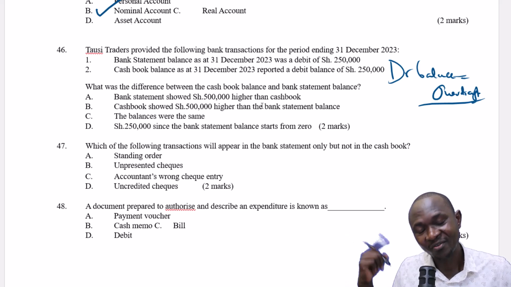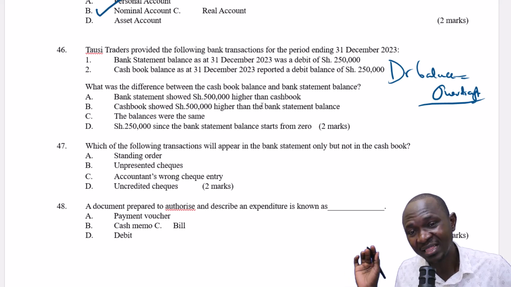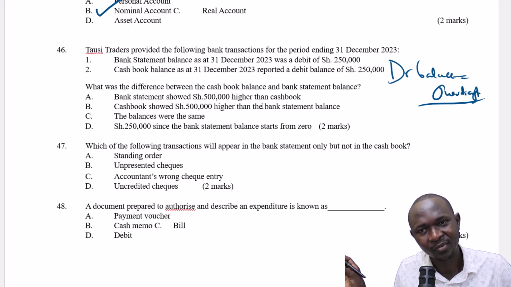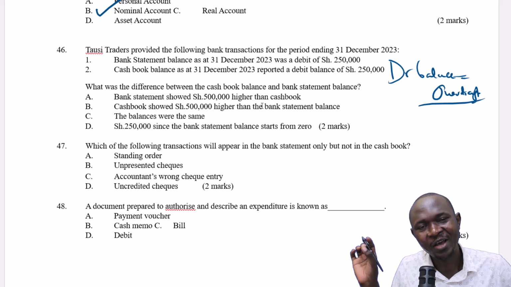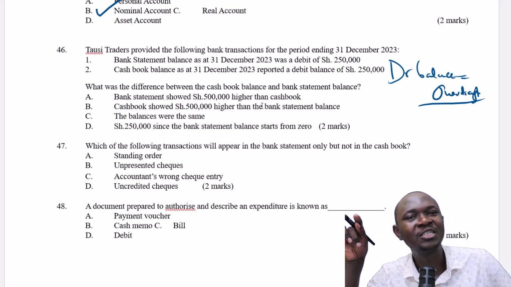That's what a debit balance means. Ideally, if you have money in the account, then we need to be talking about a credit balance. So if you have a credit balance of 250,000 in your bank statement, it shows that you have money.